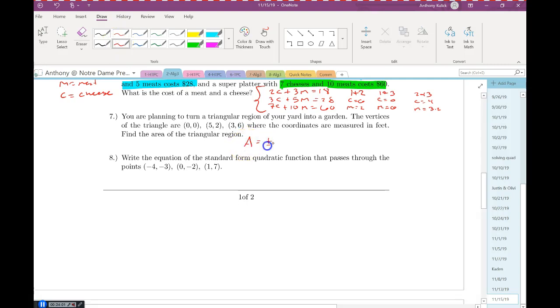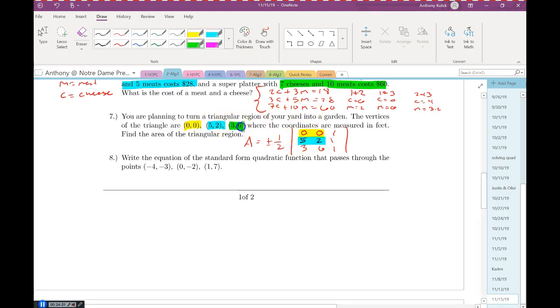So remember we had a formula for this. It's plus or minus 1/2 times the determinant of the matrix with rows x1, y1, 1; x2, y2, 1; and x3, y3, 1. So just to let you guys know, it doesn't matter which point you put in which order.